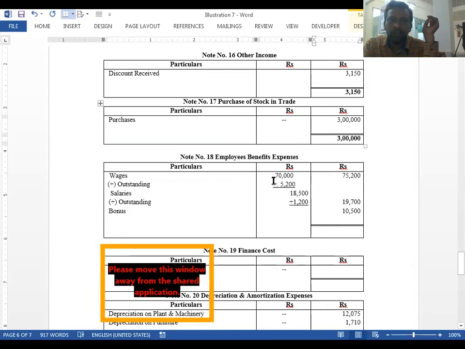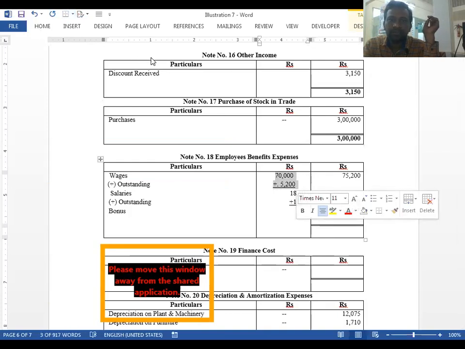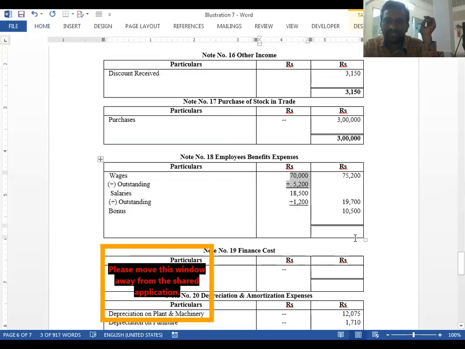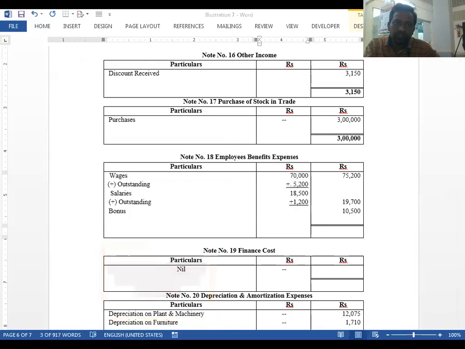Then employee benefit expenses. Send me the answer in the chat box. Total of employee benefit expenses: 75,200 plus 19,700 plus 10,500. What is the total? 1 lakh 5,400.